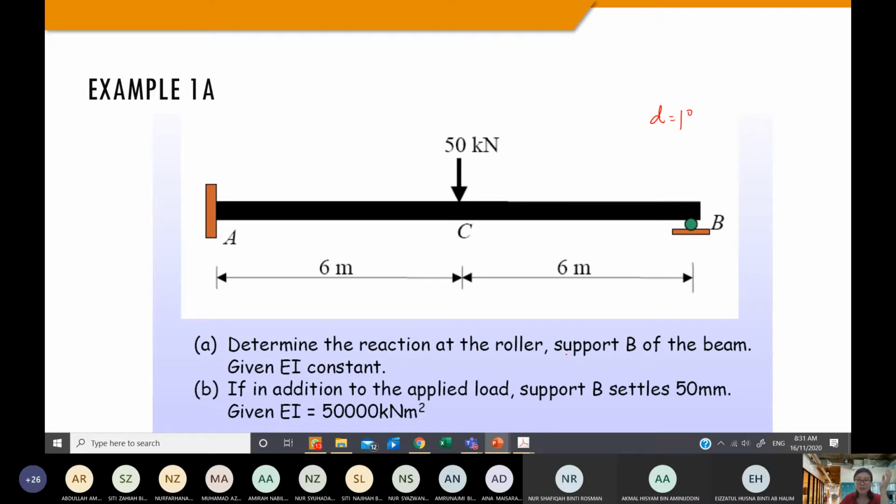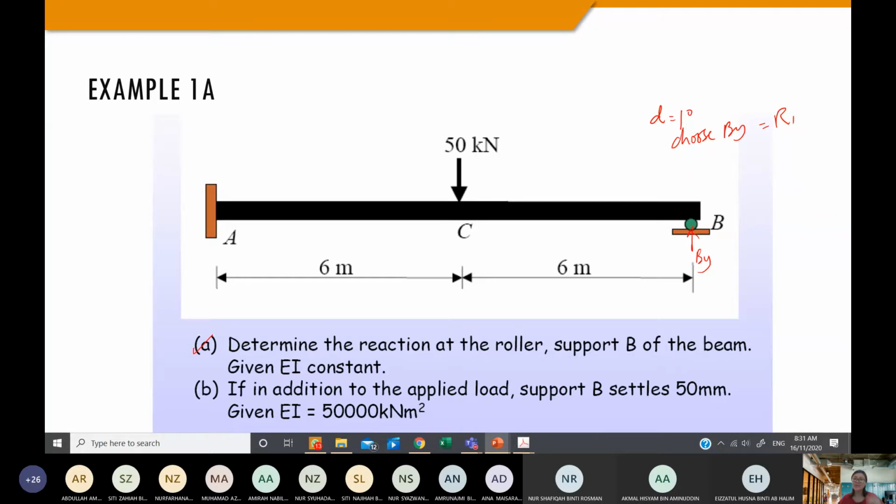Determine the reaction at roller support B of the beam. So it asks you to determine BY. Since the question already asks you to determine BY, you directly choose BY as your redundant, because once you solve for your R1, you solve question 1A.